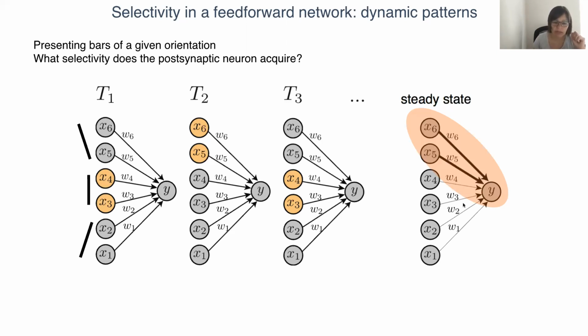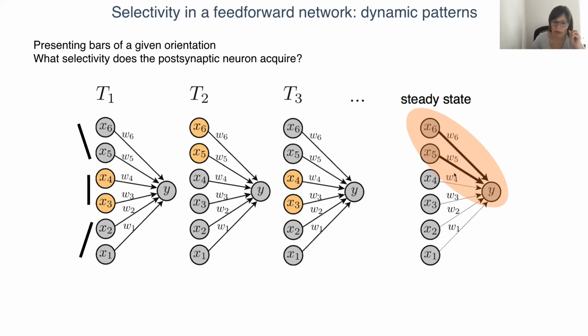And so in the steady state, this rule, as Bienenstock, Cooper, and Munro showed, guarantees the scenario where one of the orientations will become selected, meaning that only one subset of the connections, in this case the ones that correspond to inputs 5 and 6 and the orientation minus 45 degrees, will become potentiated, and all the other ones will become very weak.